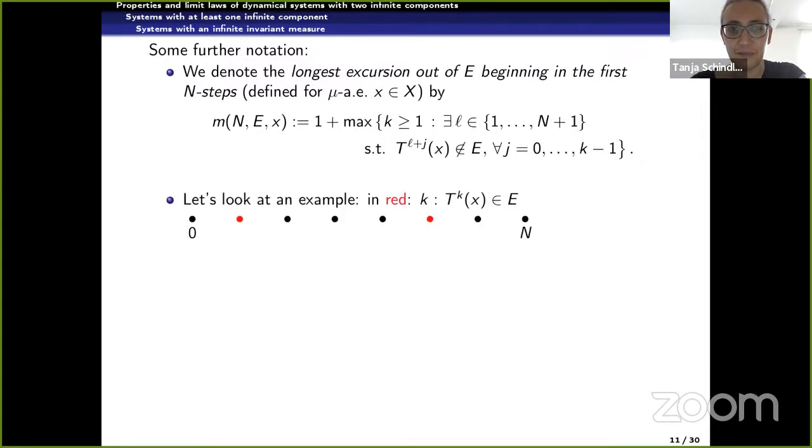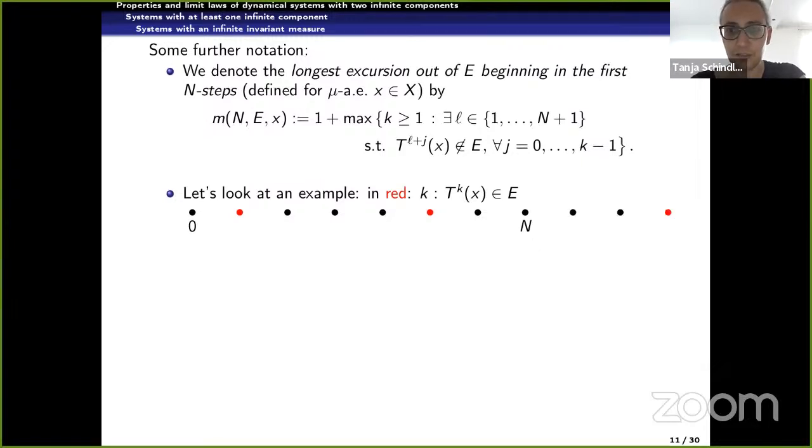So if we look at an example, in red we have all those points where we actually hit E. So we start outside E, we might get back into E, we sample along and well, we are back in E, and then we reach our end point. And then we continue, and well, in this case, we are actually outside E at the end point, and we continue sampling, and well, in this case, 3 steps later, we are in E. And now we ask, okay, what is the longest excursion?